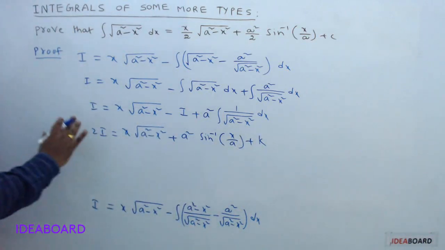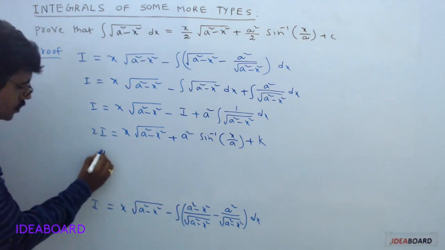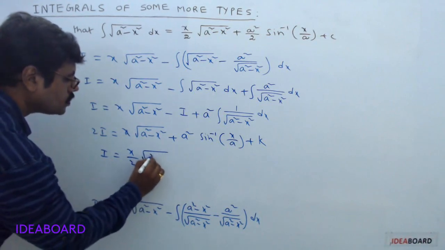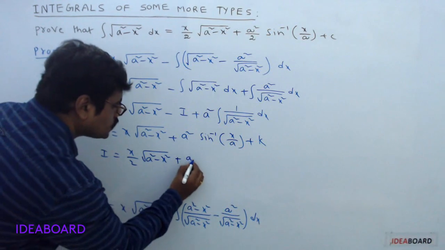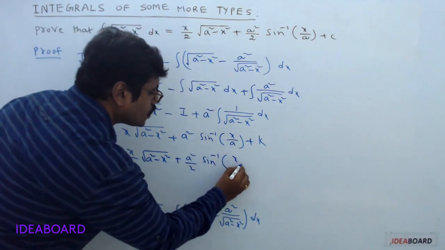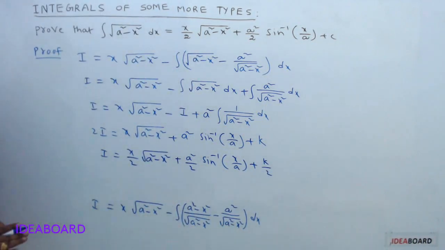Now divide this equation on both sides by the constant 2. So I equal to x by 2 into square root of a square minus x square plus a square divided by 2 into sine inverse of x divided by a plus k divided by 2.